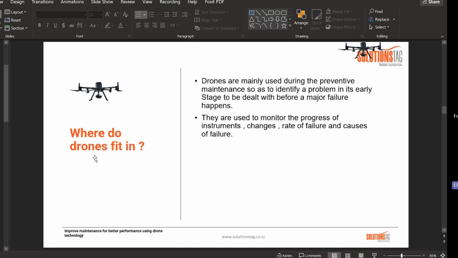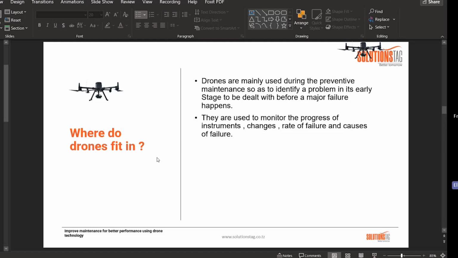Now, where do drones fit in these two categories of maintenance? Drones mainly come in when it comes to preventive maintenance. That is, before any failure has occurred in the system, that's when drones can benefit a user or an operator.